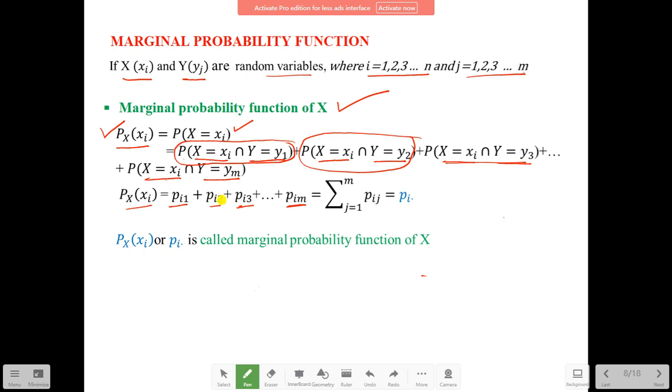So in that case we write these probabilities as the sum of pi1 plus pi2 plus pi3 plus up to pim, which is equal to the summation over j from 1 to m of pij, and this summation is denoted by pi dot. So pX(xi) or pi dot is called the marginal probability function of the random variable X. So this is the notation and definition of the marginal probability function of X.